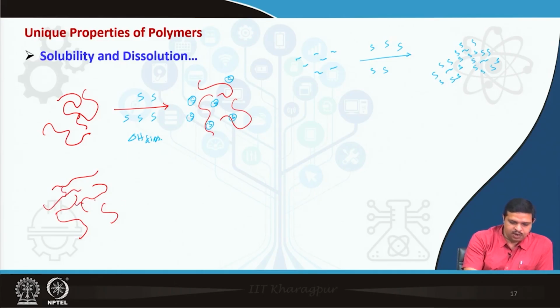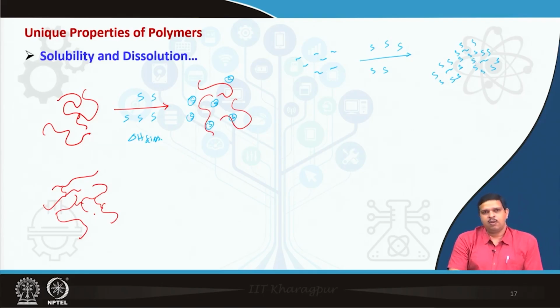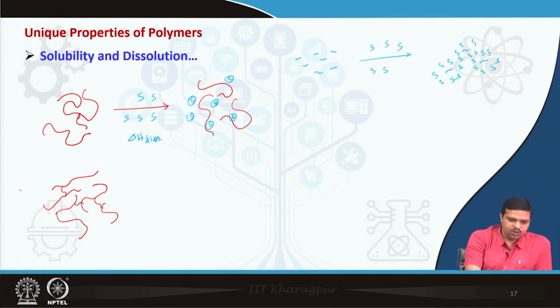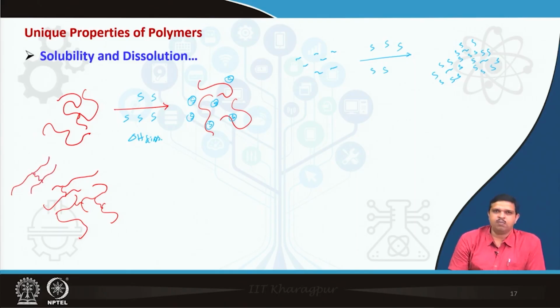So, this is again more difficult to solubilize, because if you put solvent molecules, let us say THF, tetrahydrofuran, dichloromethane, chloroform, then what will happen?